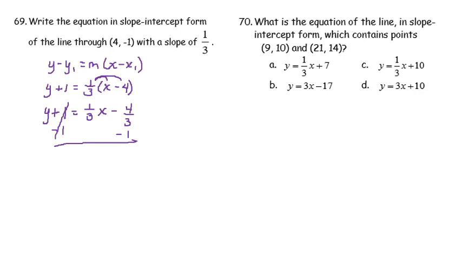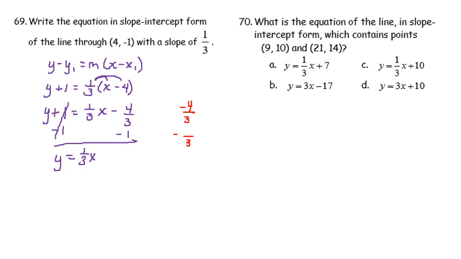Okay, now we cannot do -4/3 minus 1. We need to have common denominators. So I'm going to go off to the side and let's do this. -4/3 minus 1. But we can't put 1. It needs to have the same denominator as -4/3, which would be 3.